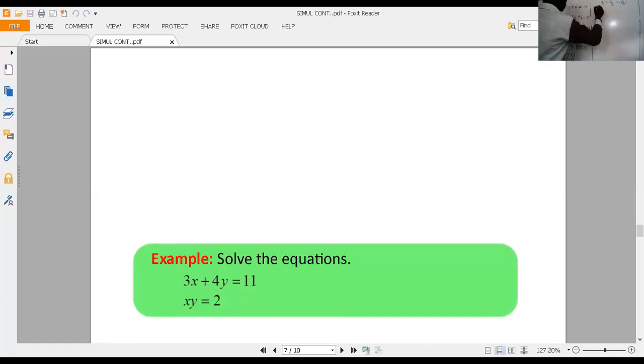So from here you can have your y to be 2 and you can have y to be 3 over 4. Check again, we have y to be 2 and 3 over 4.